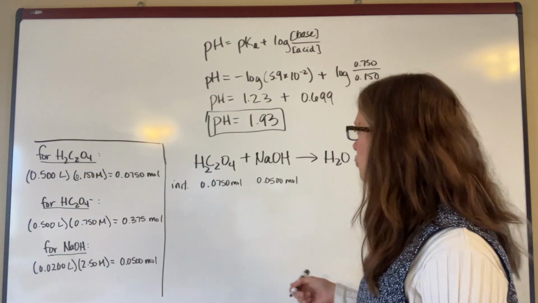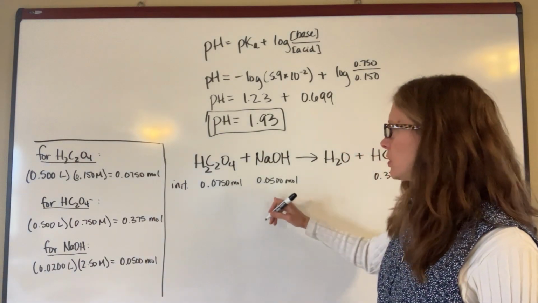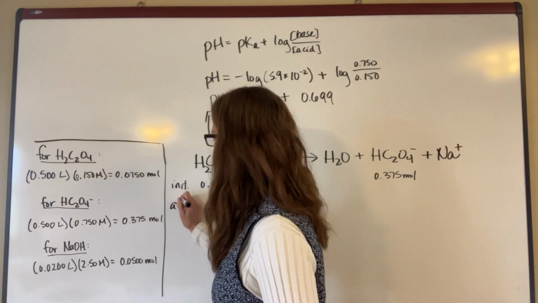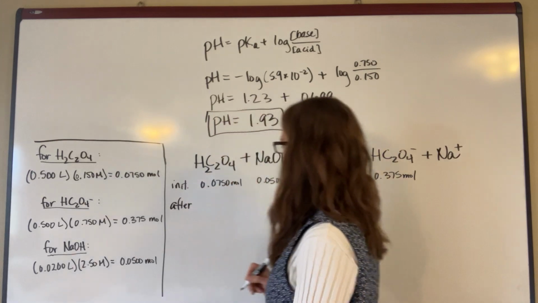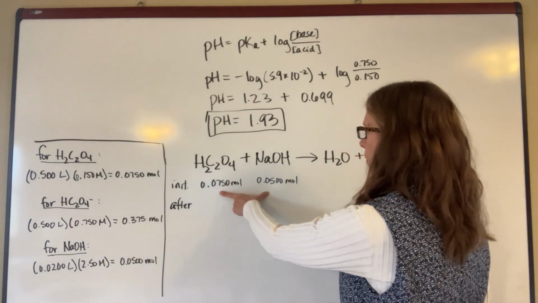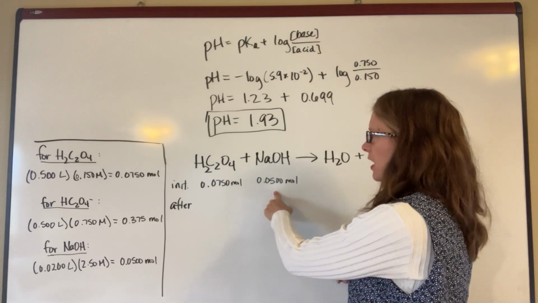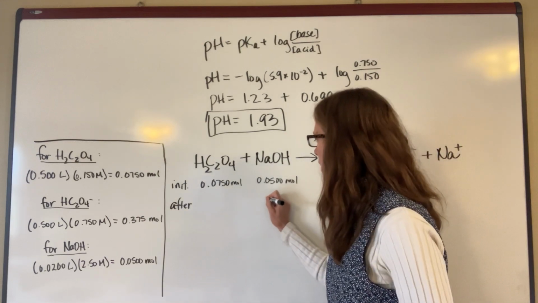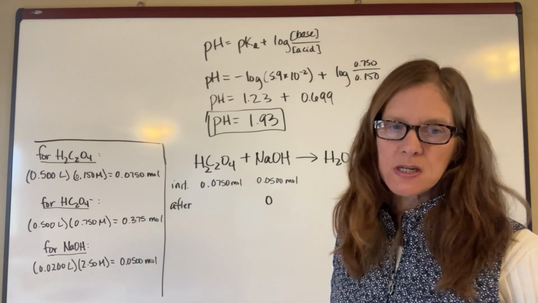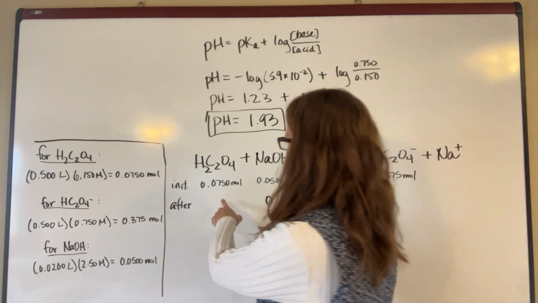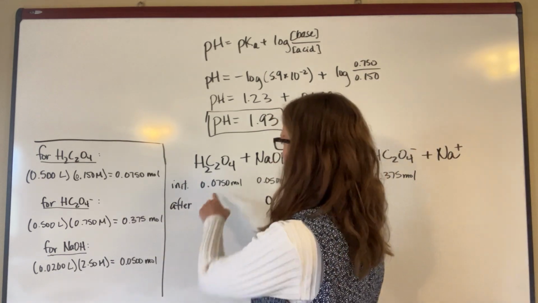If I assume that this is going to go to completion, so after the reaction is over with, what's my limiting reagent? Well, as you can see, I have less sodium hydroxide than I do of the oxalic acid. So this is going to go to 0. What I'm going to have left here, I'm going to subtract this 0.05.